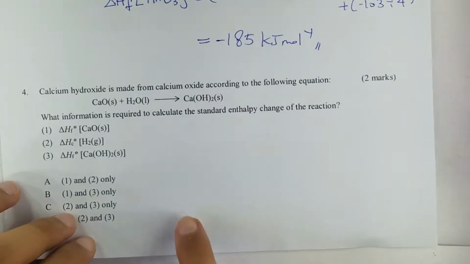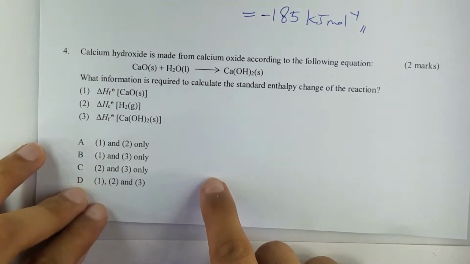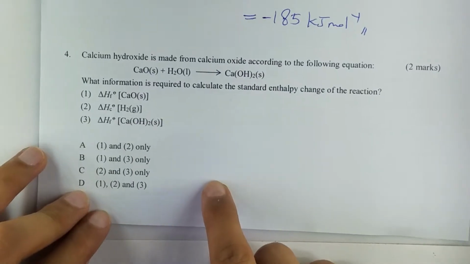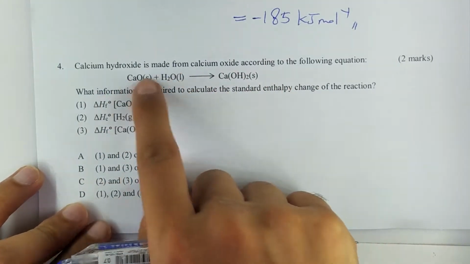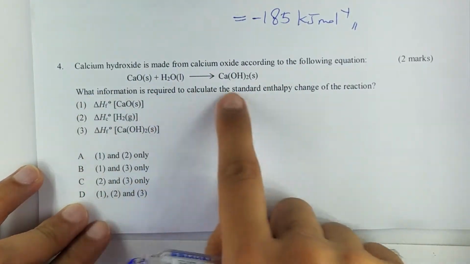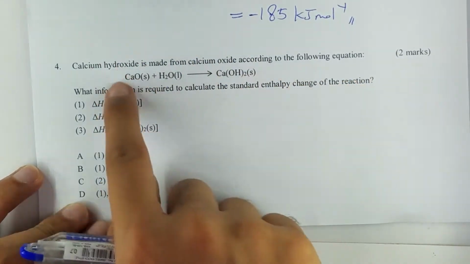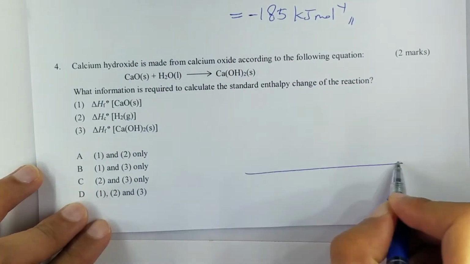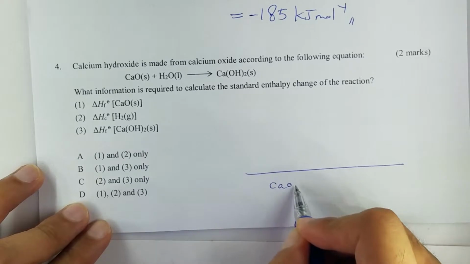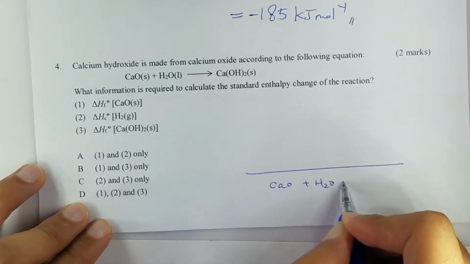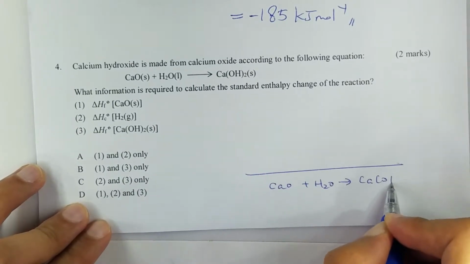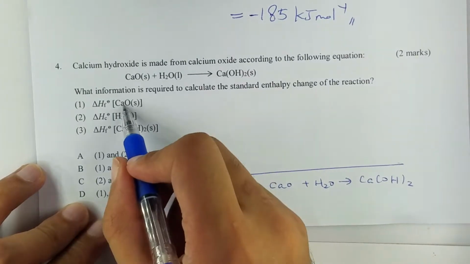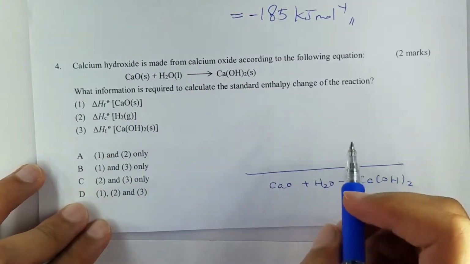All right, moving on to the last one. Calcium hydroxide is formed with the following. Which information is needed for the calculation of this one? So again, if we are forming this, so this is at the bottom, and they're asking us whether we need any of these three. So let's look at the first one, formation of calcium.